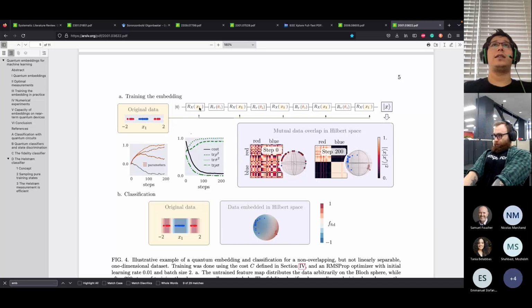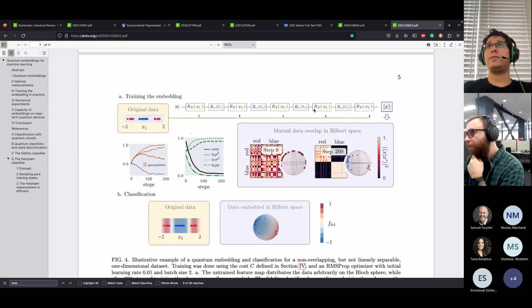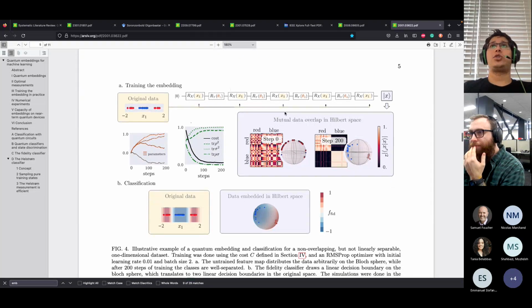You can see that x1 is repeated several times. x1 is one of the samples from the data. Then you have trainable parameters, theta 1, theta 2, theta 3, theta 4. So this one uses data reuploading. Then you train these parameters to try to classify the data in this space. Now, this thing with the traces can get technical. You can ignore it for now.